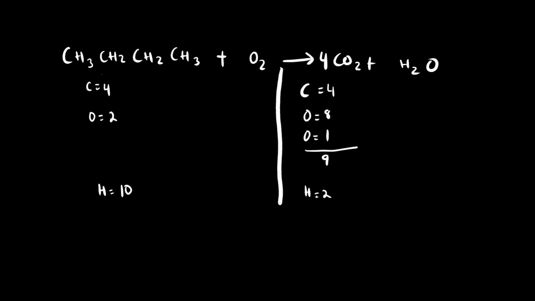So we've balanced the carbons. It's left with the oxygen and the hydrogen to balance. Of the two, the hydrogen looks a little bit easier to balance, so let's do that one first. Least common multiple of 10 and 2 is 10, so we need to introduce a coefficient of 5 in front of the water.